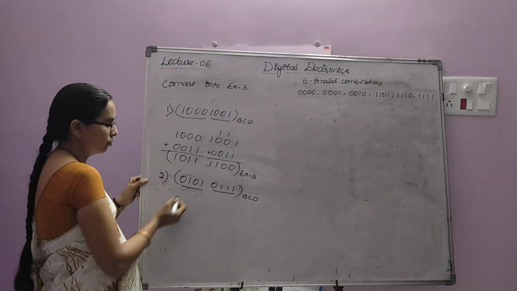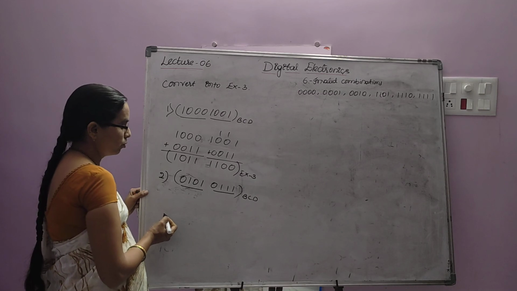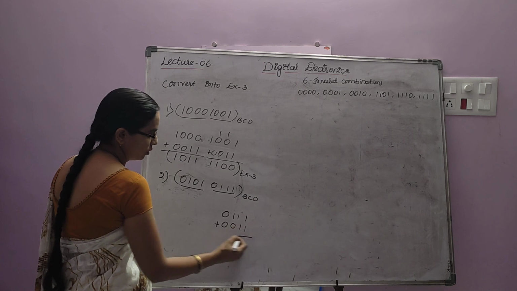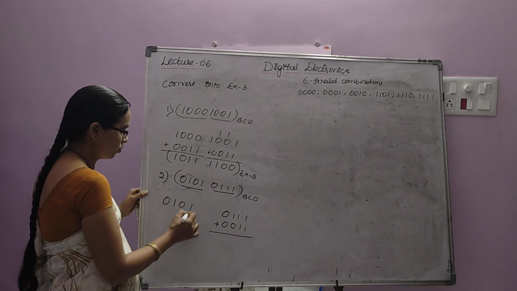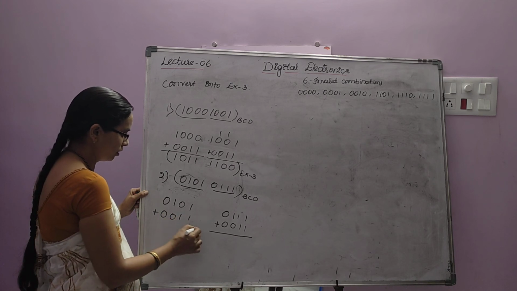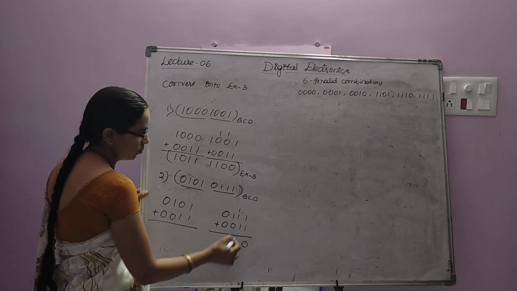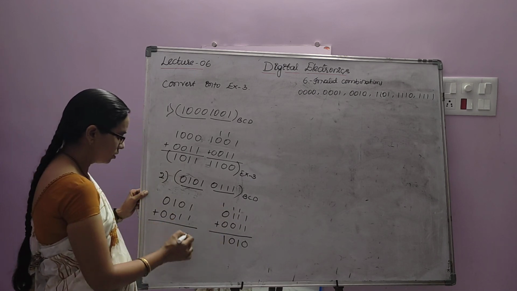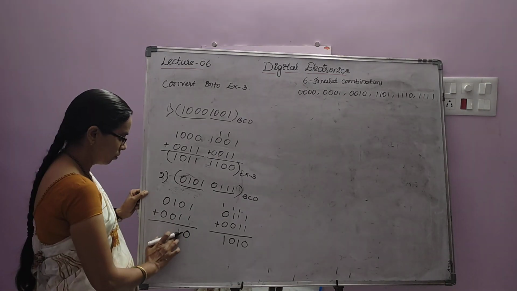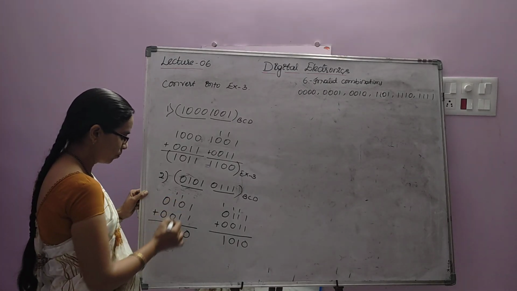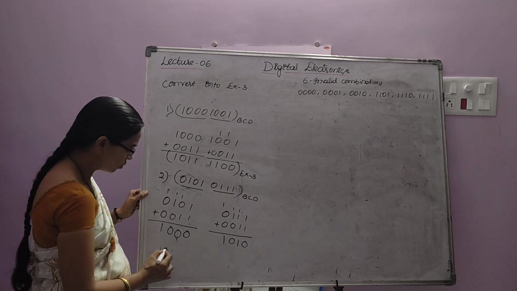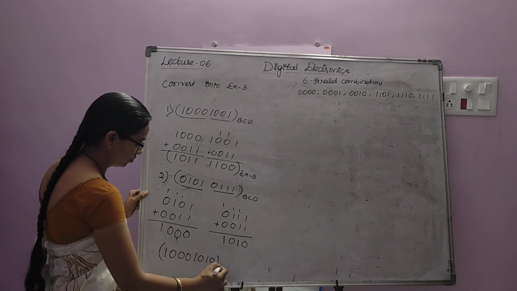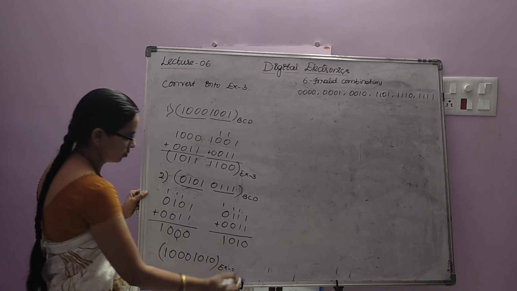Take a separate group of 4 bits, 0 1 1 1, add 0 0 1 1 to this, and for 0 1 0 1 add 0 0 1 1. 1 plus 1 is 0, 1, 0, 1 and it is 0, 1 plus 1 is again 0 0 1. So the excess3 equivalent of the given BCD number is that. That's all.